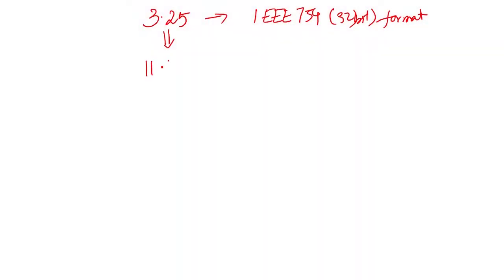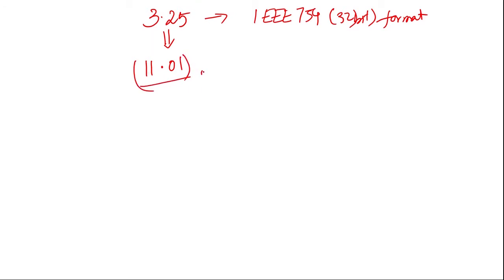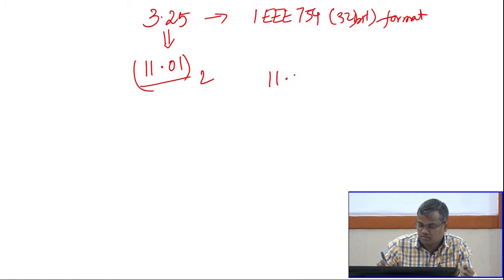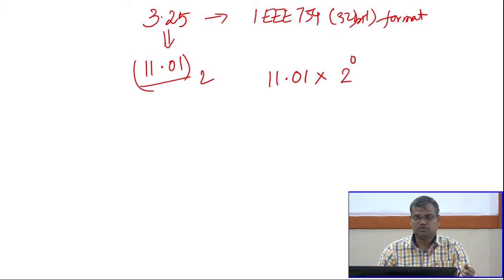It is a positive number. The first task is to convert this number into the corresponding binary. So, this number can be written as 11.01 into 2 to the power 0, no doubt.